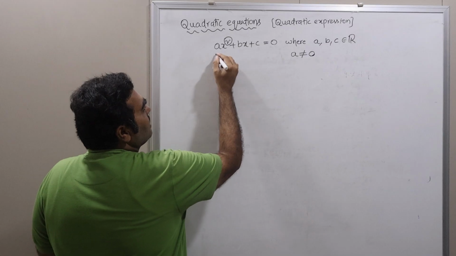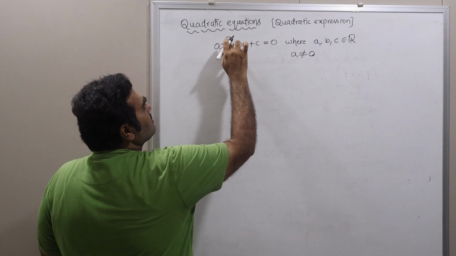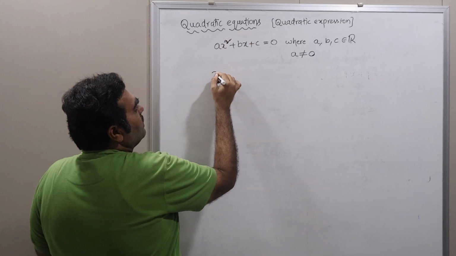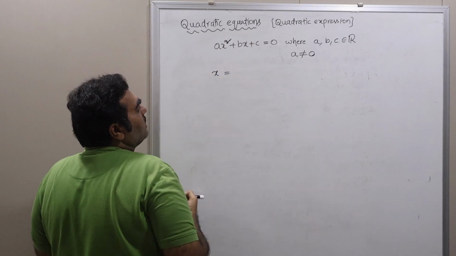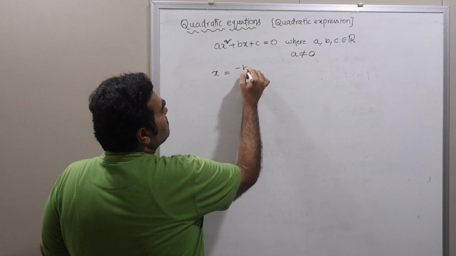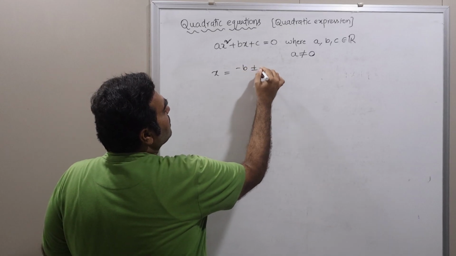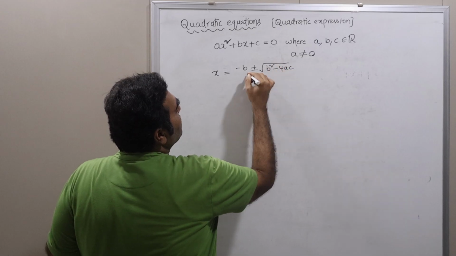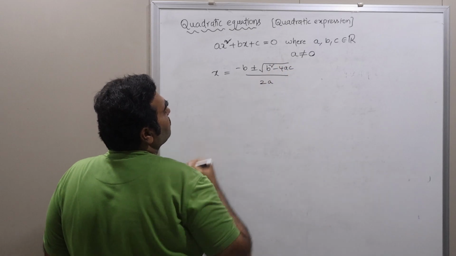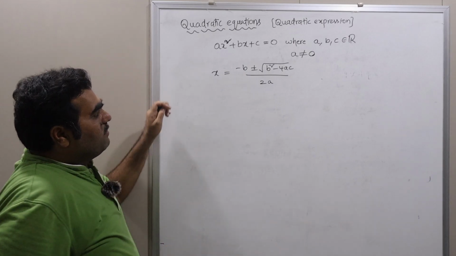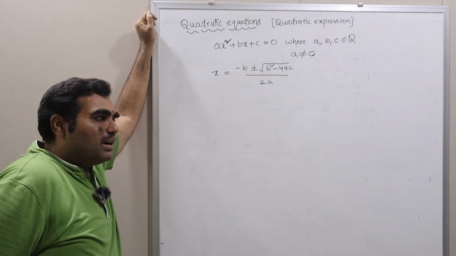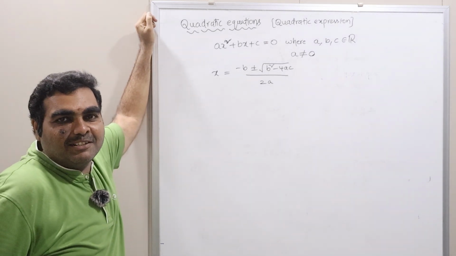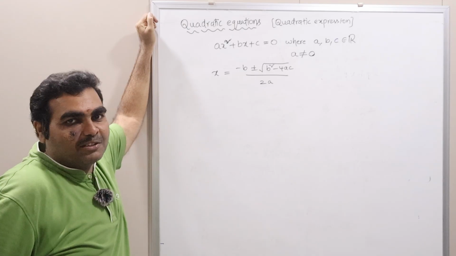So the formula is, if the given quadratic equation is ax square plus bx plus c is equal to 0, according to the formula, the value of x is given by x is equal to minus b plus or minus square root of b square minus 4ac by 2a. If you see the formula, it may look lengthy, but it is very simple. You have been using the formula, right?